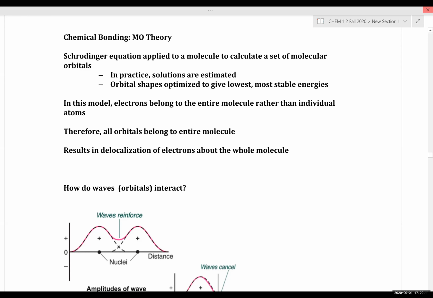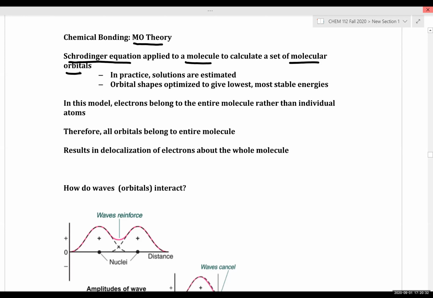In molecular orbital theory, we're applying the Schrodinger equation, which we use to describe and generate these orbital pictures. We're applying this to a molecule, and we're calculating, rather than atomic orbitals, molecular orbitals.